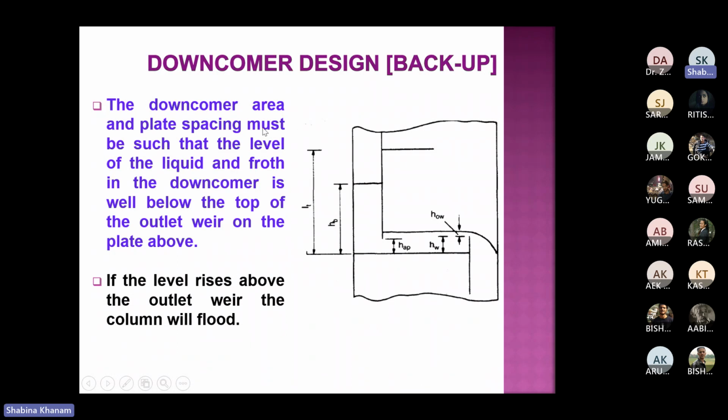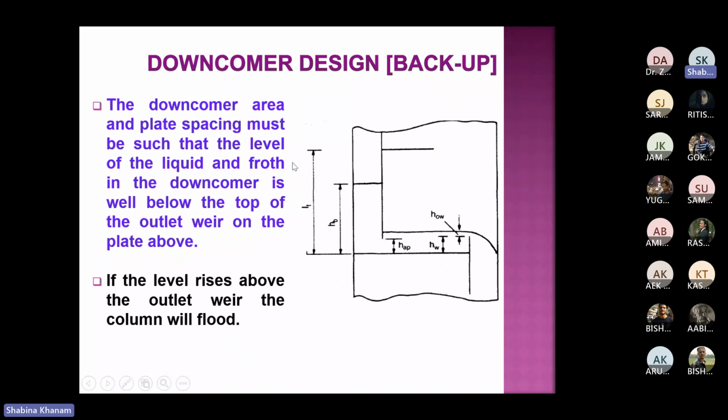The downcomer area and plate spacing must be such that the level of the liquid and froth in the downcomer is well below the top of the outlet weir on the above plate. Outlet weir means this one. It means this height should be considerably less than this weir, and LT we are considering as tray spacing.